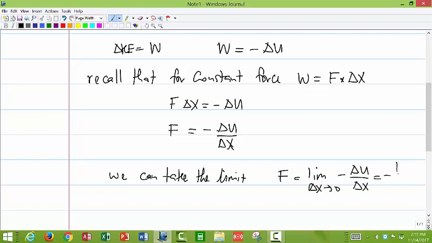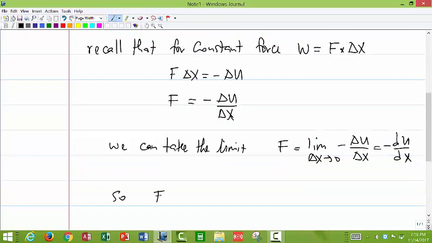So this can be written as dU/dx. So we can say that the force is equal to minus dU/dx. So if we know the potential, we can always find the force.